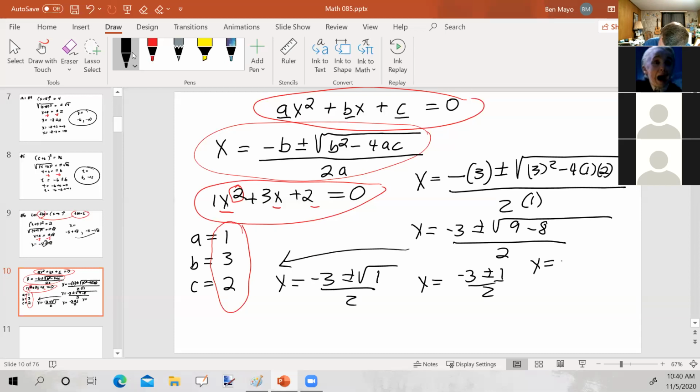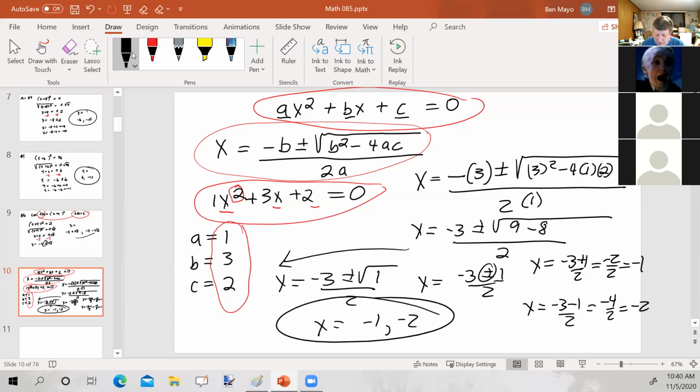X is -3 plus 1 over 2, and x is -3 minus 1 over 2. Splitting up the plus or minus, here, -3 plus 1 is -2 over 2 is -1, and here, -4 over 2 is -2. So x equals -1 and -2 would be the two solutions.